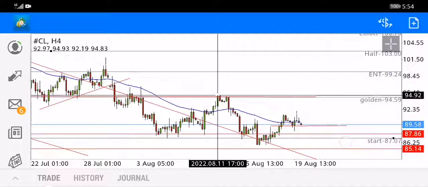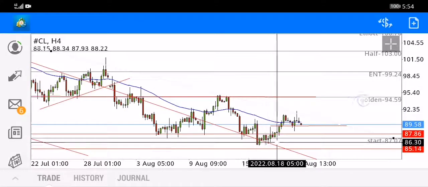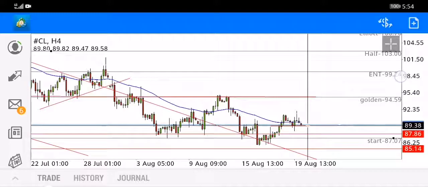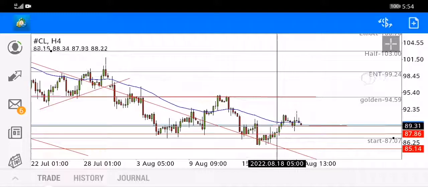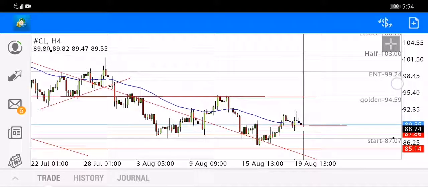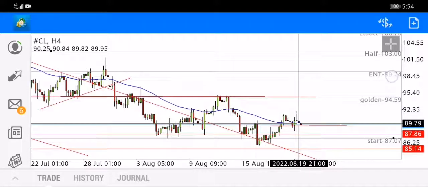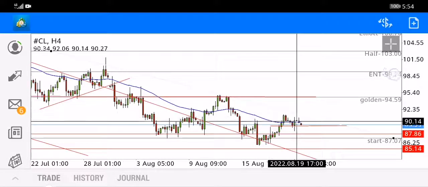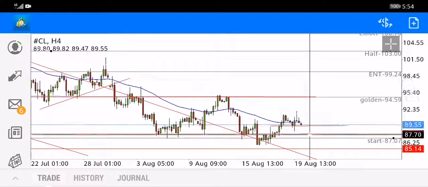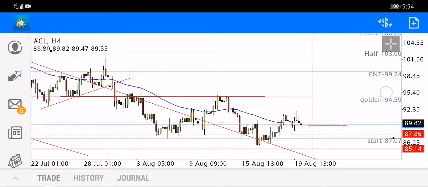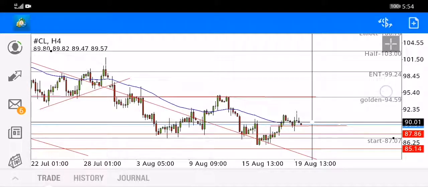My suggestion is that the market is overall trading outside this trend channel, but overall holding above the 89.50 level, and this is almost the neckline. But I suggest that the market is hovering around the EMA 50, and the EMA 50 is continuously pushing the price bearishly.